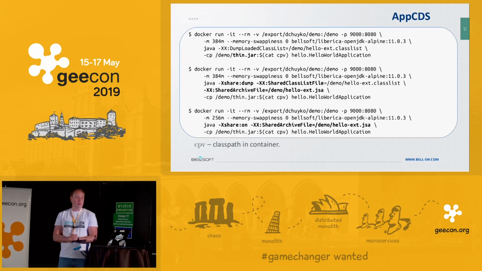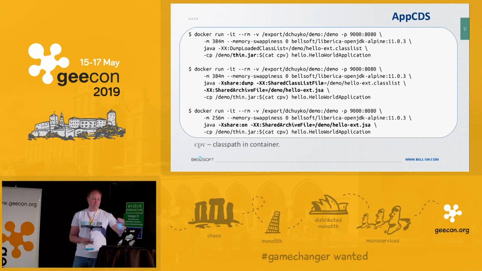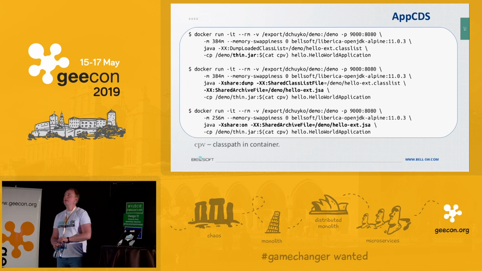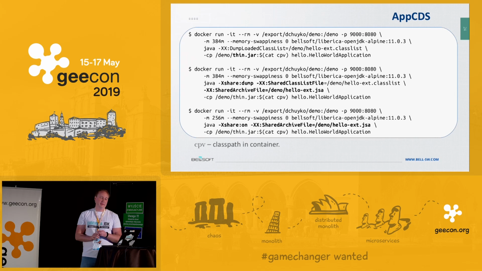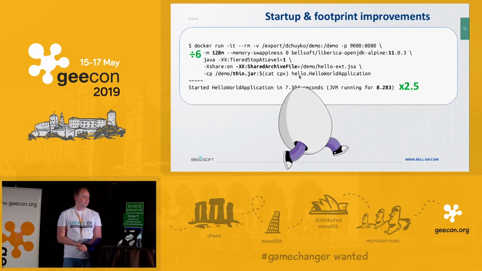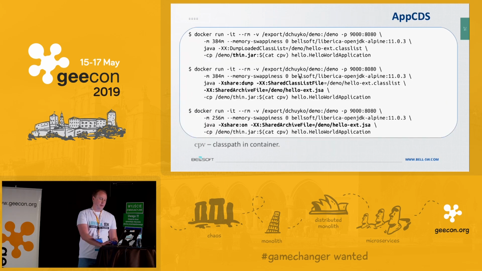Okay, so we also saw AppCDS, where we use a thin jar, we used a class path. That's not a dynamic lib folder, but all the jars listed one by another. Using Docker in the same container, you're able to get the list of classes in the very same way as a regular run, and to get the shared archive.